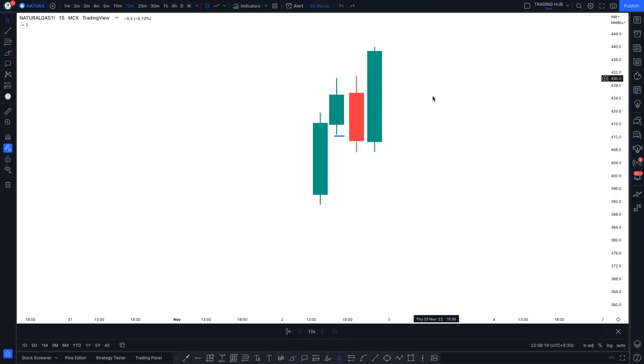Okay. And if the same thing happens, if I change something here, for example, this is a bullish candle. And this one.